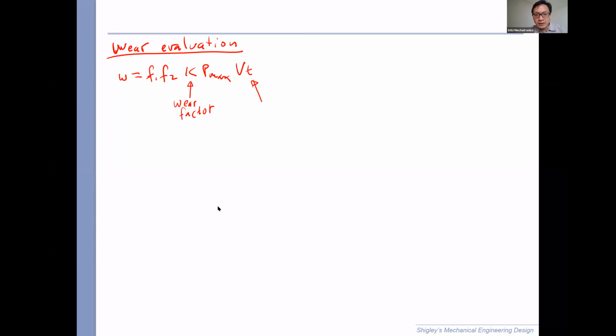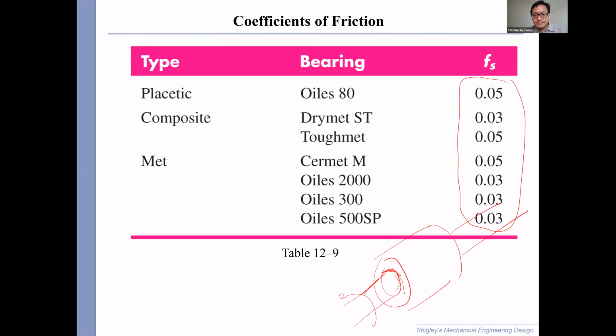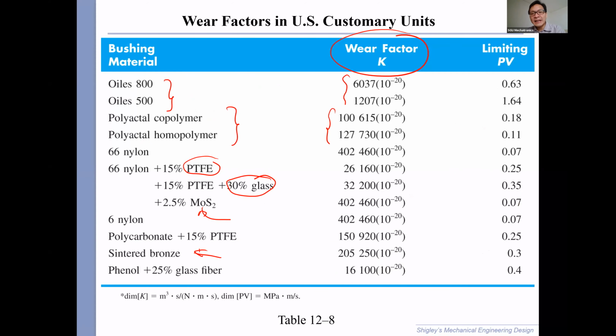Look at this table at the beginning here. Okay, you see the wear factor K. These are all 10 to the negative 20. So they're the same, just look at the leading number.